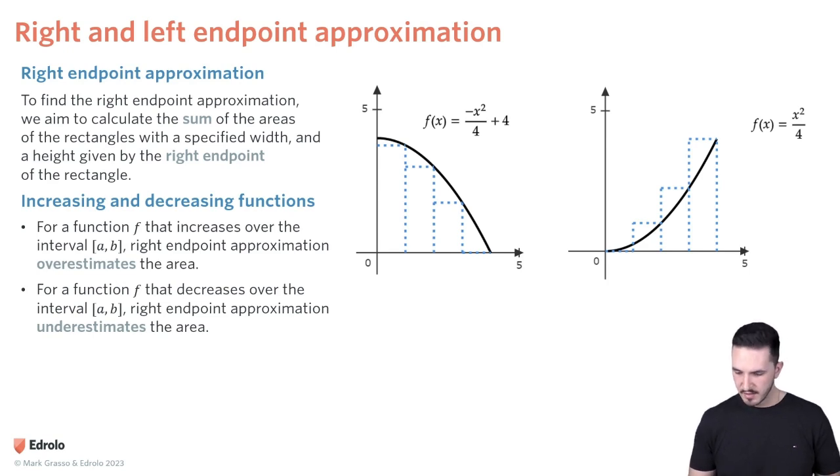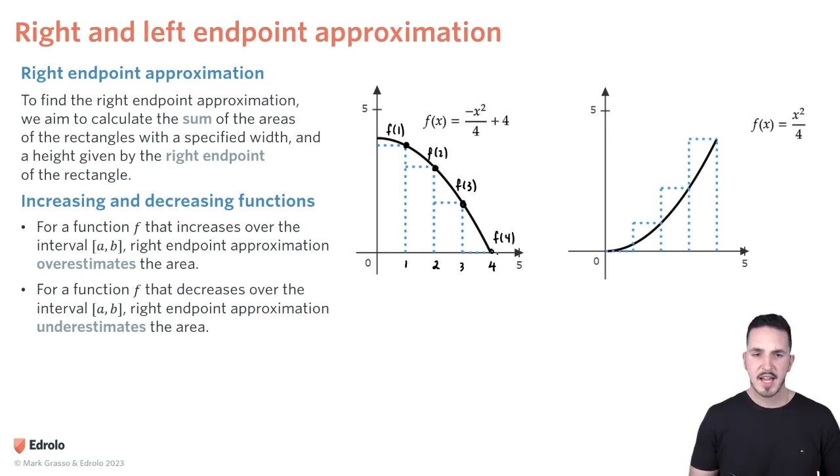So if we look at the example of f of x equals negative x squared on 4 plus 4, the height of the rectangle is always going to be given by the right endpoint of these rectangles. So for example, let's say x is 1, 2, 3, and 4. To find the height, we just substitute in the right endpoint. So this would be f of 1, f of 2, f of 3, and f of 4.